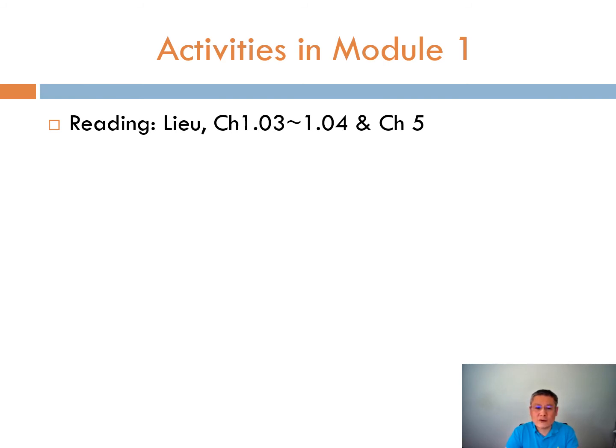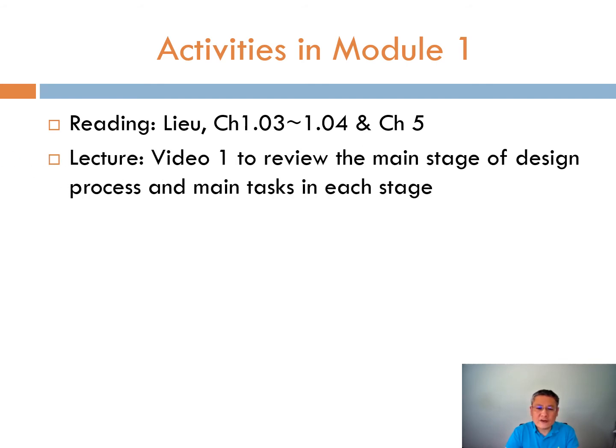It will give you the definition of each one of the processes and also the main tasks in each one of them. After you finish that, I want you to watch the video, which is simply a review of the material of the reading. And we will give you some definitions and examples, so you will get a better idea what this is.